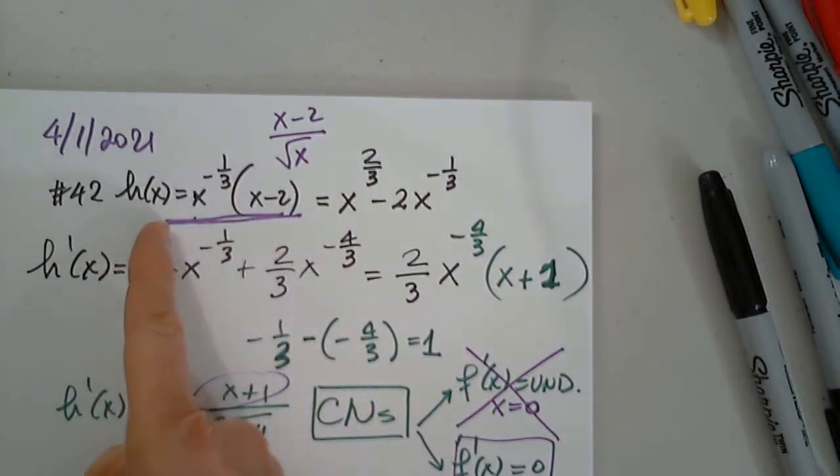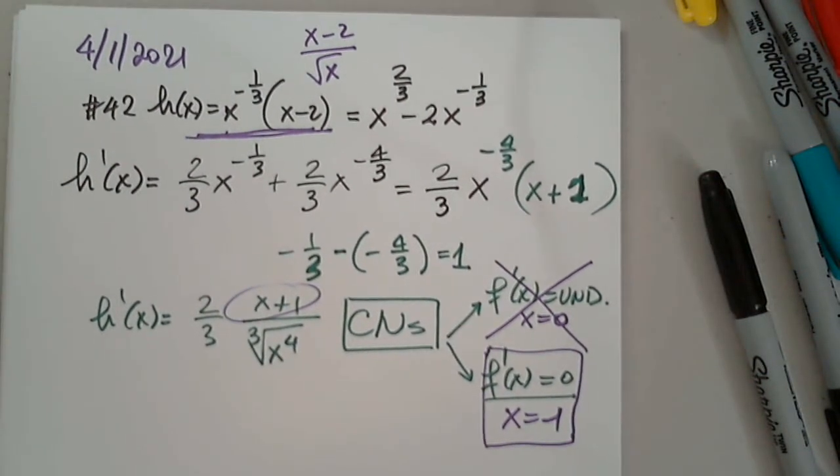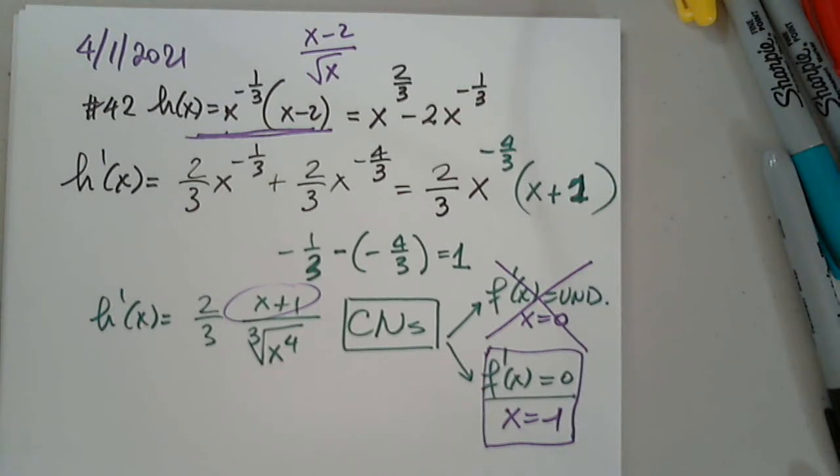So x equals 0 is not a point of the function, so the only critical number is negative 1. At x equals 0 the function is undefined, so it cannot be a critical number. Good. Anything else? Other questions, or can we move on?